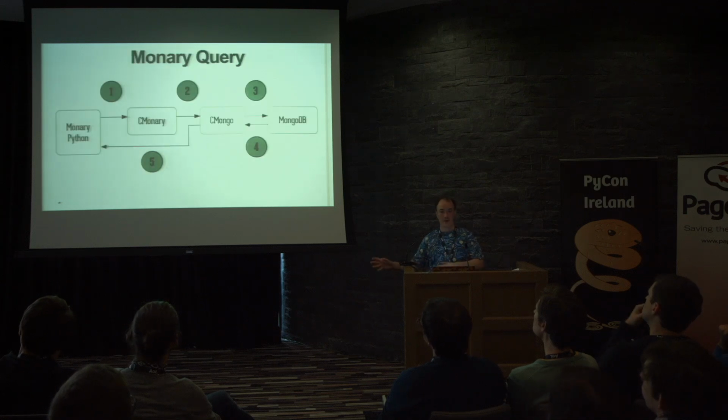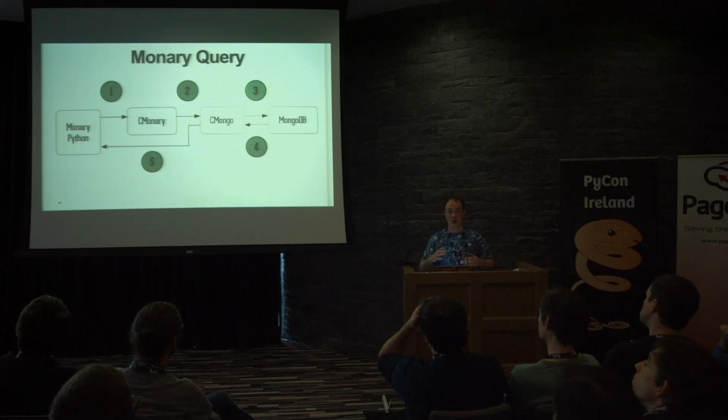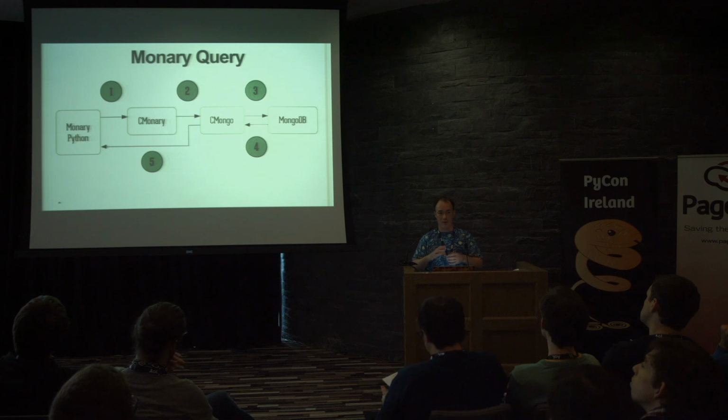Before I dive into how you do that in Monary, I just want to take a moment to explain a little more about why Monary is more performant. Monary is basically two things. It's a Python wrapper around a little C program, which then calls the MongoDB C driver.